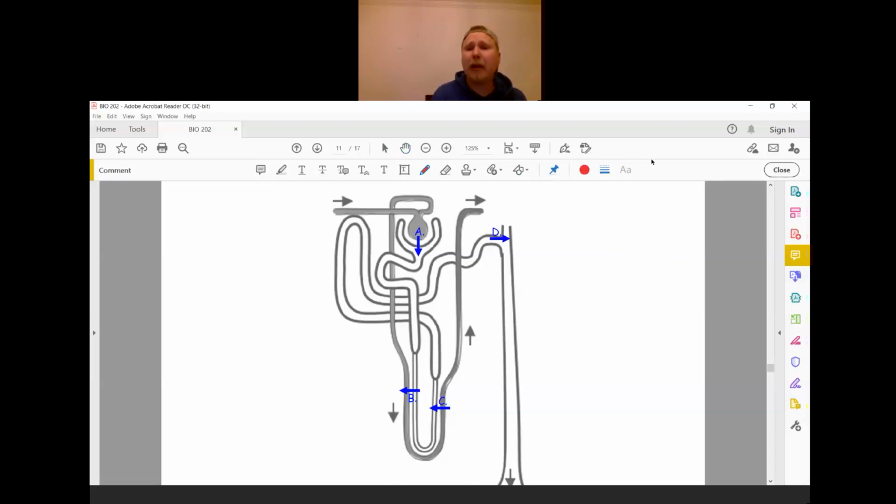First of all, let's have a look at the blood circulation. The blood vessel coming into the nephron here, that's going to be our afferent arteriole. And the blood vessel that leaves the nephron, that's going to be our efferent arteriole.